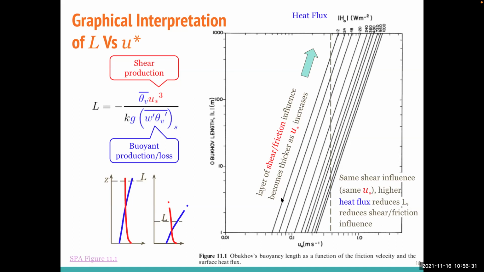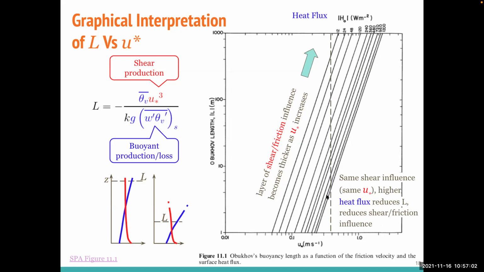Of course, if you have larger shear or friction, your Obukhov length increases. You can look at the math here. So this one increases, and then this one also increases because the friction-influenced layer becomes thicker. So this one is constant, but it can be larger over different situations.